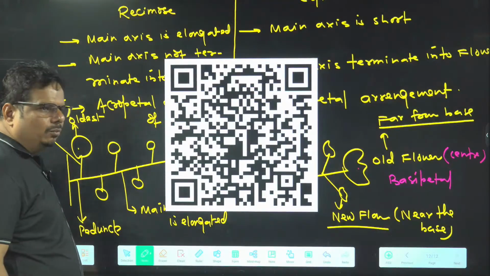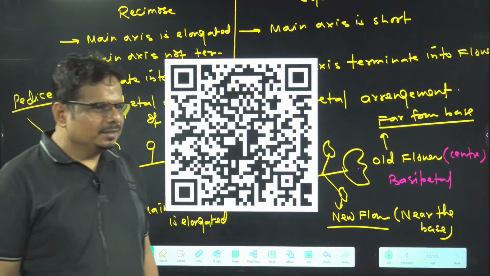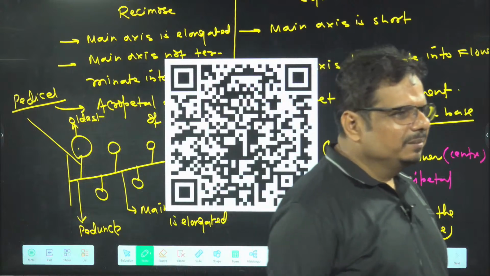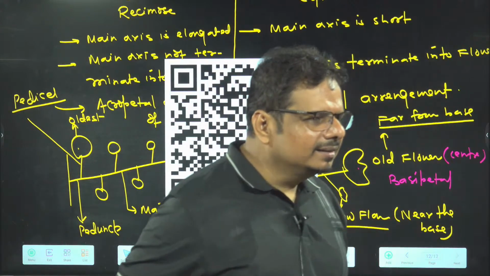Even in banana, you find a maroon-colored spathe or not? A spathe is present in banana as well. You find the maroon-colored structure in the banana, right?